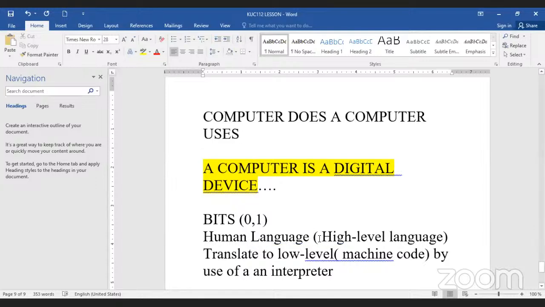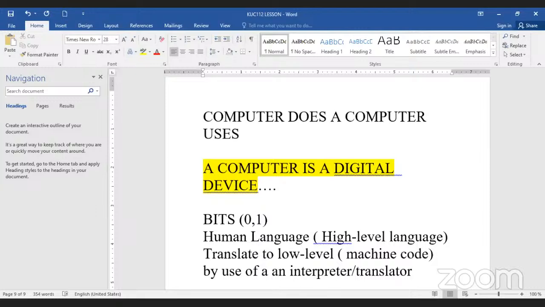Then for the computer to process this information, it needs to translate this language into a low-level language by use of an interpreter or a translator, depending on the input, right? So that's how a computer works.